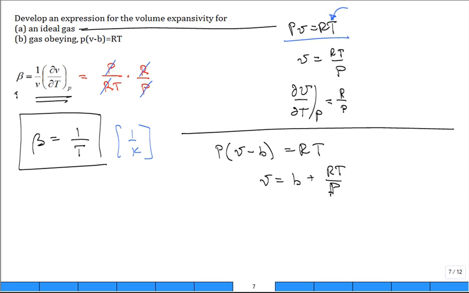Did I do that right? And then now we get the partial of V with respect to T holding pressure constant. And B is a constant, so that doesn't come into play.